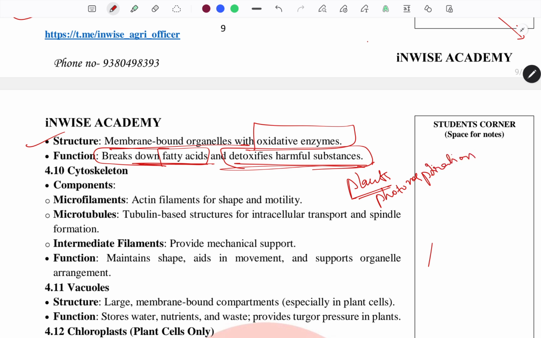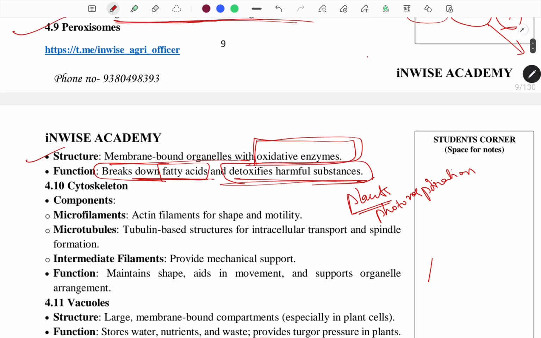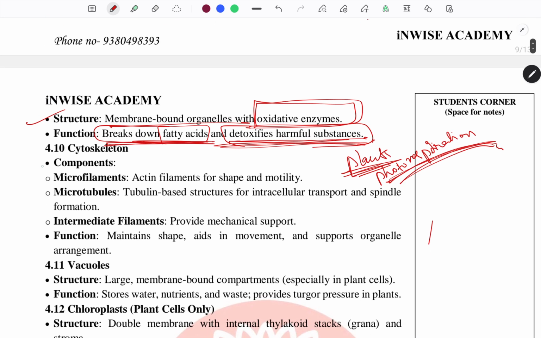So this is peroxisomes. It is also a membrane bound organelle, but it contains oxidative enzymes, and it is involved in fatty acid breakdown and detoxification of harmful substances. In plants, it is involved in the photorespiration process also.